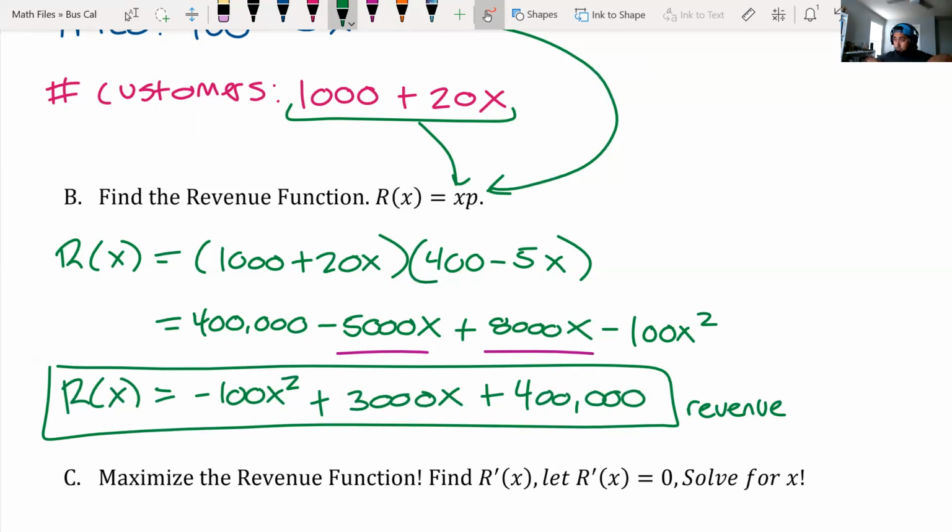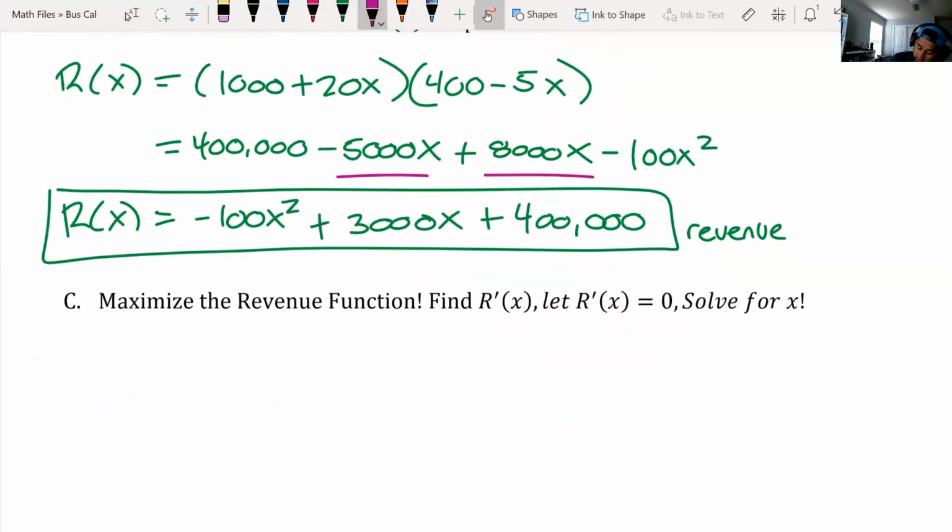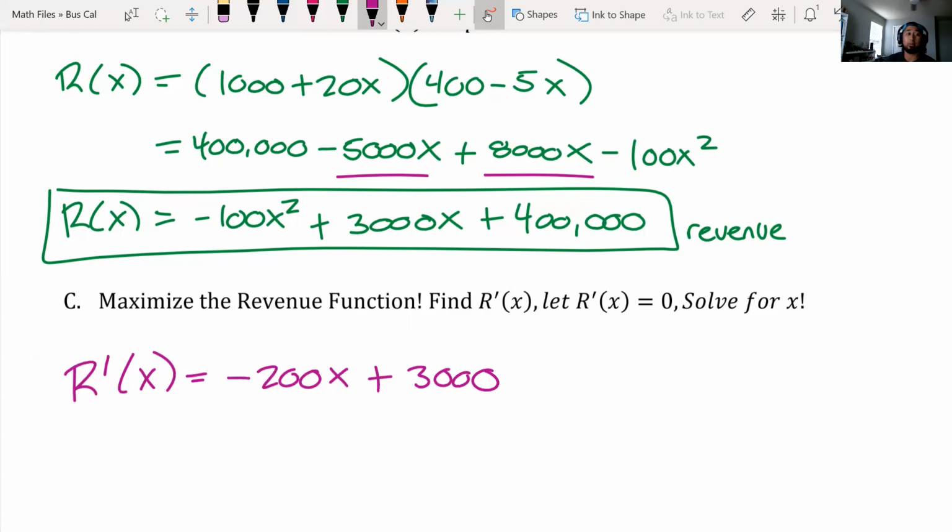Okay. And after you create the revenue function, take the derivative, set it equal to 0, solve for x. We are optimizing it. So this means that R prime is going to be negative 200x plus 3,000.